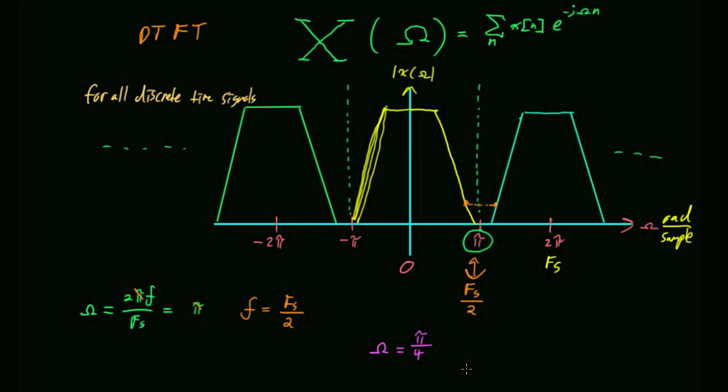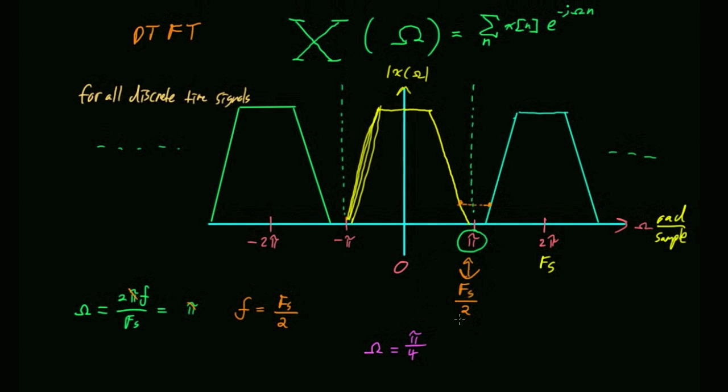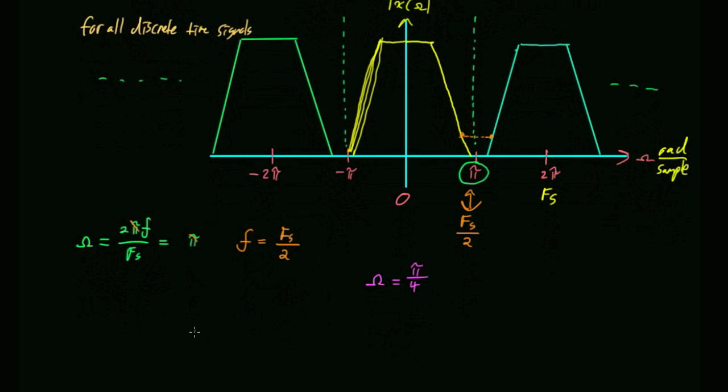What's the period of that signal? Suppose I've got x of n equals cosine pi over 4 n. What's the period?